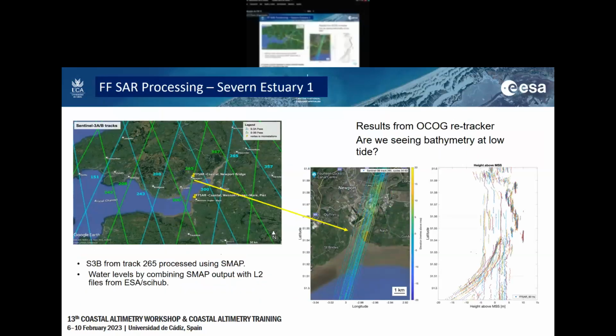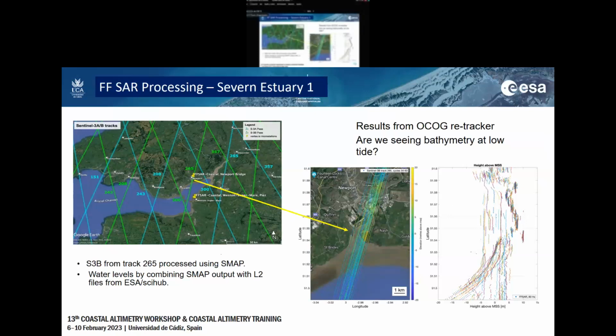So focusing on the Severn Estuary, the ultimate objective is to provide along-track data for all of those tracks, and also time series data for a number of locations along those tracks.